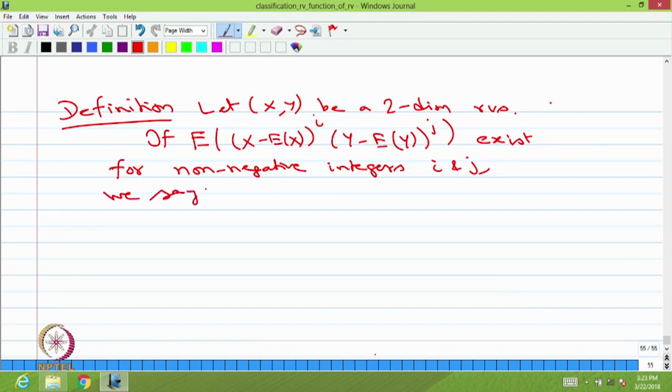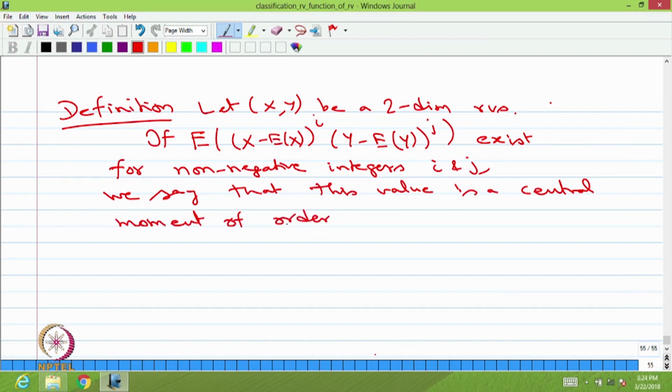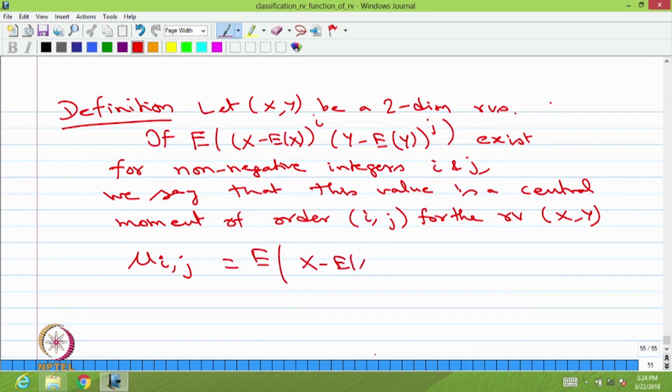we say that this value is a central moment of order i, j for the random variable X, Y, and it is denoted by mu i,j, that is the expectation of (X minus expectation of X) to the power i times (Y minus expectation of Y) to the power j.